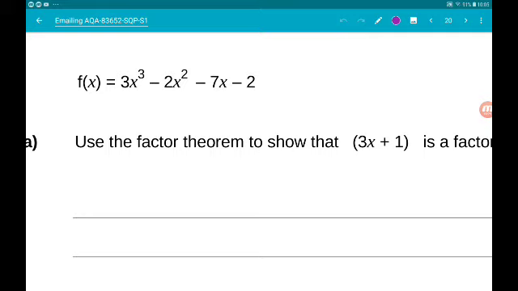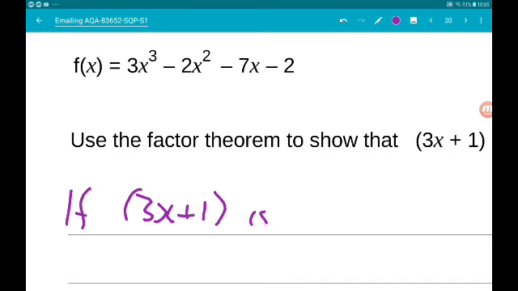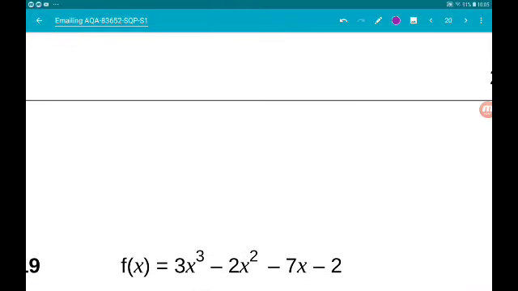So, if 3x add 1 is a factor, then, well, essentially what we're doing, we set 3x plus 1 equal to 0 and solve for x.